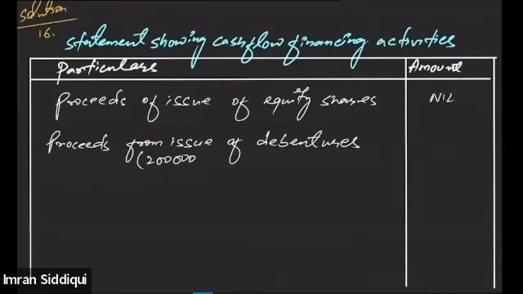So this means we have issued 1 lakh more, and there is going to be inflow of 1 lakh in the current year.